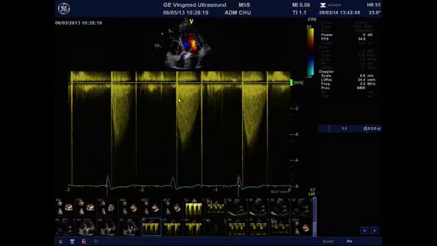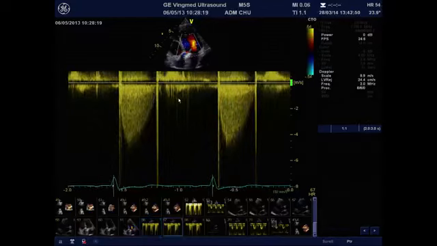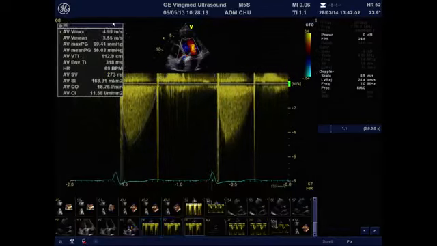And also, if you trace that envelope, you will see that the velocity is very high, almost 5 meters per second, and that the max and the mean gradient are really elevated.